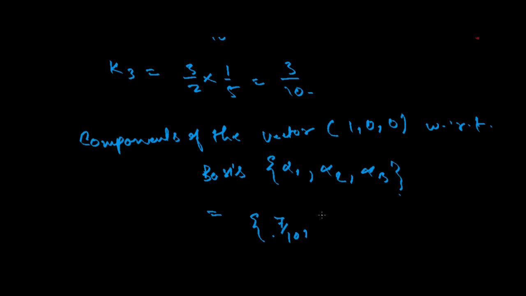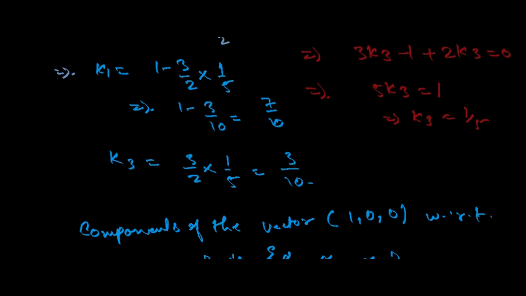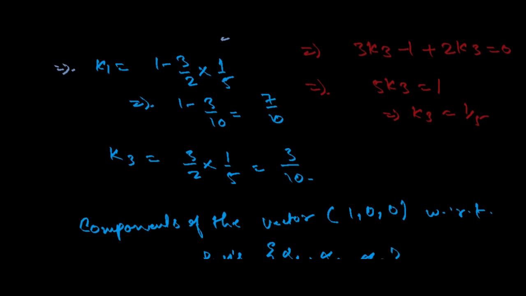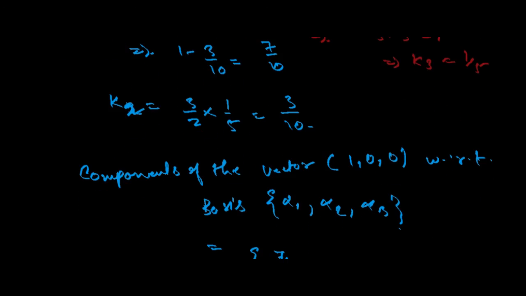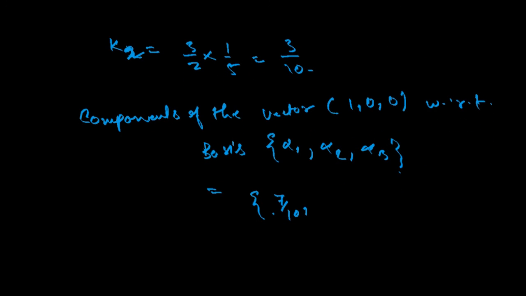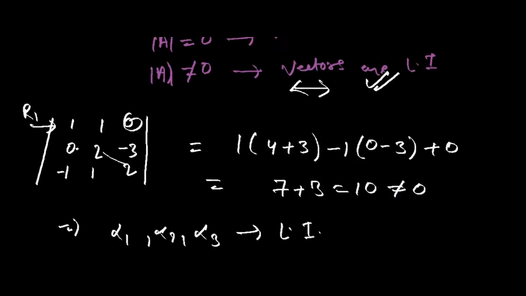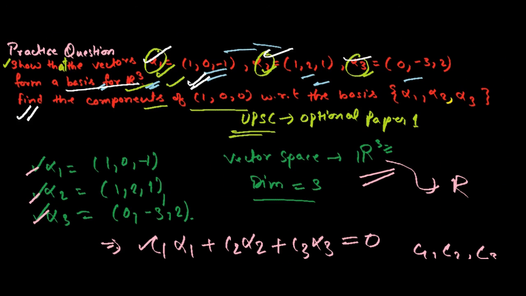K2 equals 3 by 10, and K3 equals 1 by 5. That is the answer. Okay, so this is the whole thing.